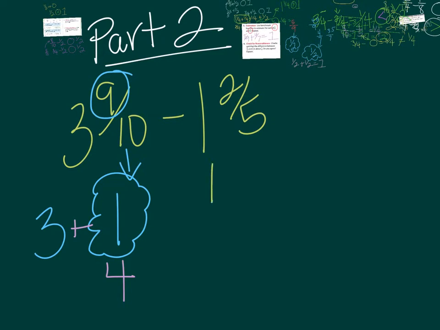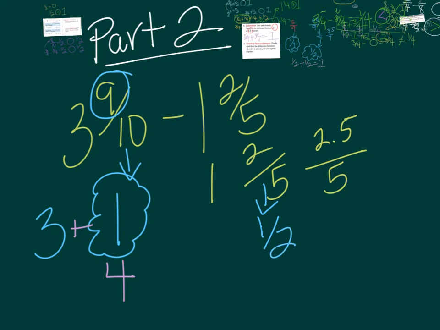On this side I have 1, and 2/5. Half of 5 would be, again, that's a weird one because it's odd, but half of 5 would be 2.5. So I'm going to see that as close to 1/2. So now I have on this side 1 1/2.